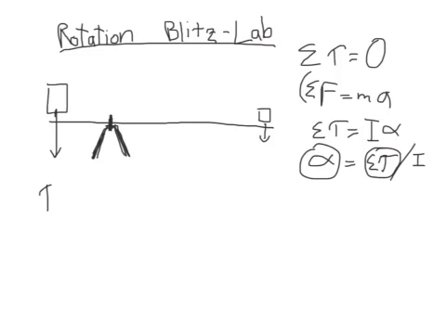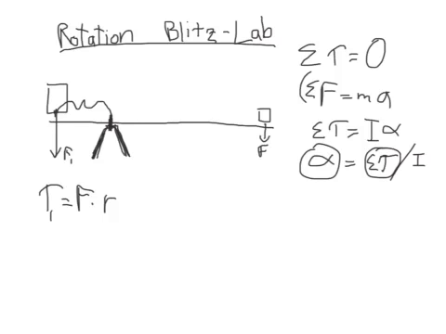Remember, the torque is the force, and we've drawn force vectors here, times the moment arm. And the moment arm is this distance from the axis of rotation to where the force is being applied. So the moment arm for this force 1 is pretty small.